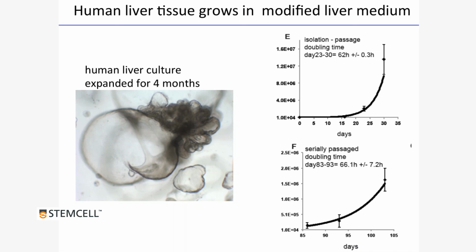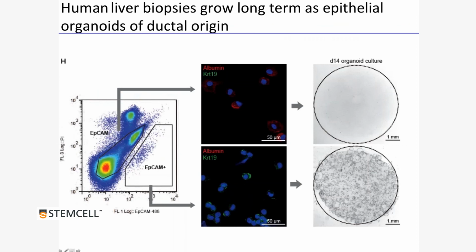And then the question was, we can now expand these cultures as much as we want, but what is the cell of origin that starts these cultures? What we observed is that EpCAM positive cells, which are keratin 19 positive, can establish organoid cultures in vitro. As we can see, each of these structures is an organoid, and the efficiency here was very high.